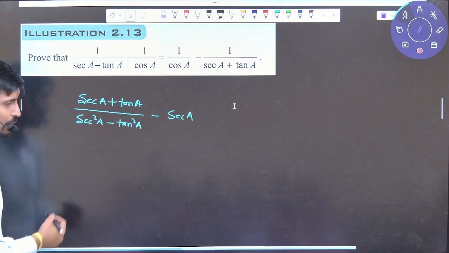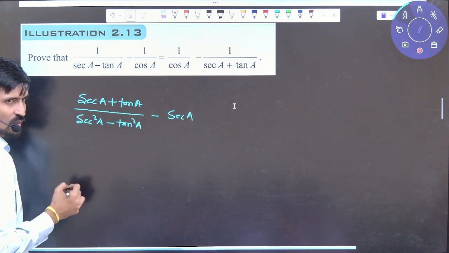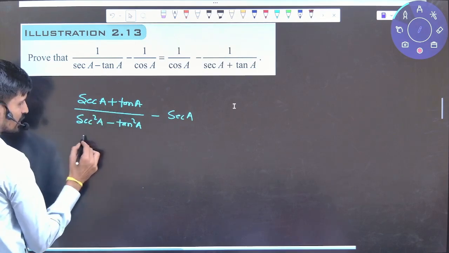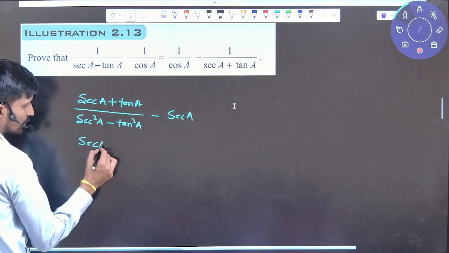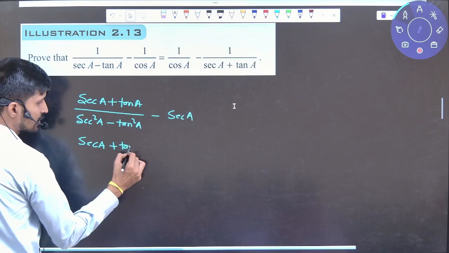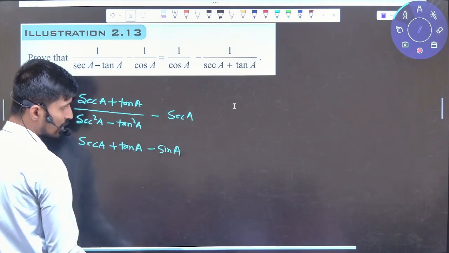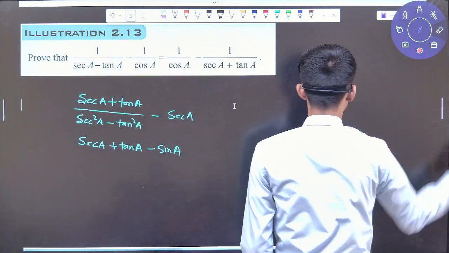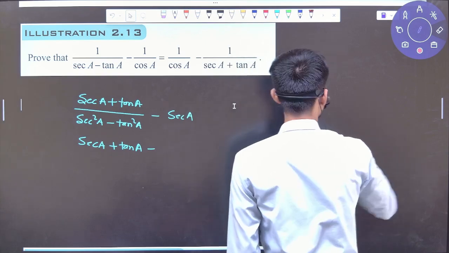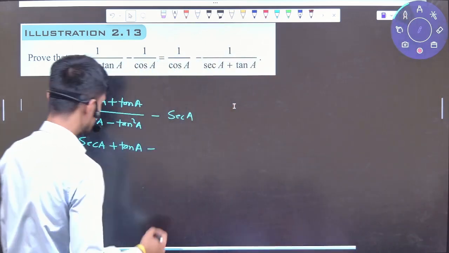Yes or no? And tell me, what will sec square A minus tan square A be? 1. So what will this total become now? Sec A plus tan A minus sec A. Don't cancel both sec A.